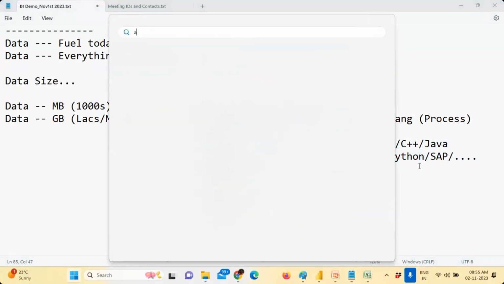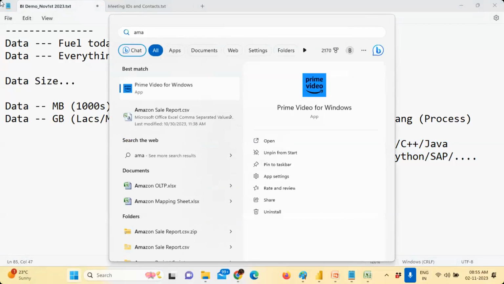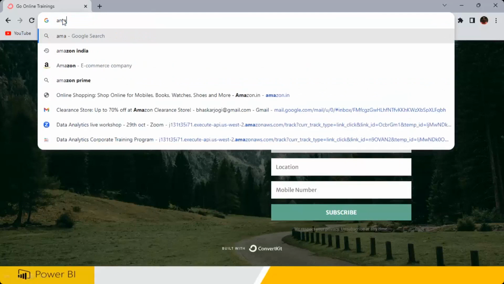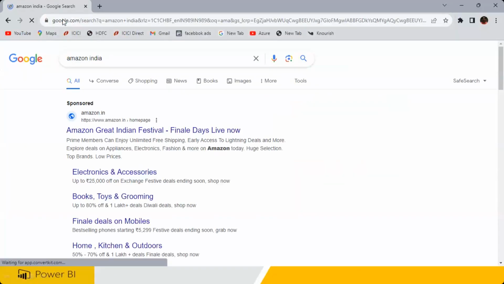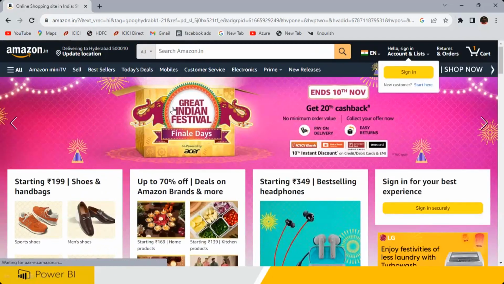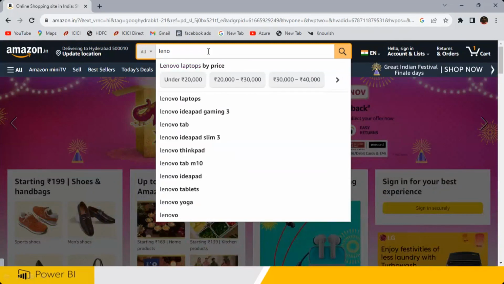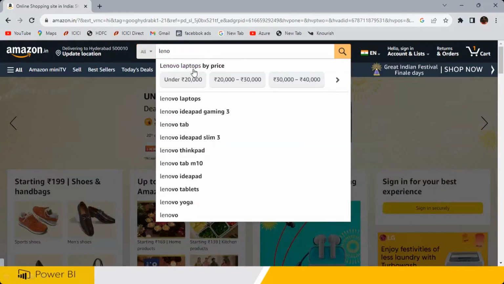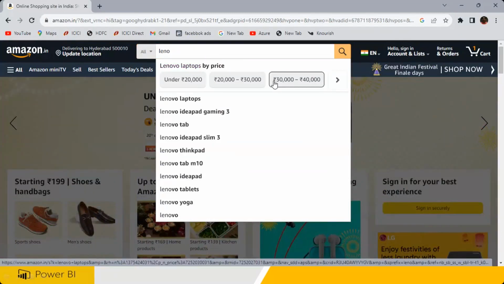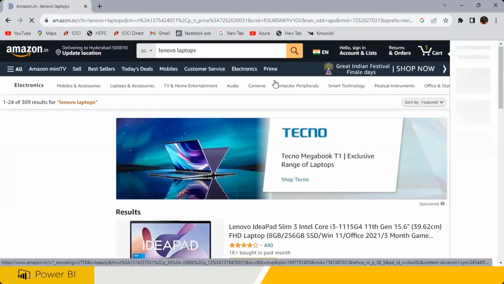For example, if I go to amazon.com, when you buy anything on amazon.com, do you think that it is going to be storing the data? Whenever you buy anything, for example, I wanted to buy Lenovo laptops. That is what I told you, right? For this course, we need to have one laptop, a 30 to 40,000 rupees laptop we need to buy.